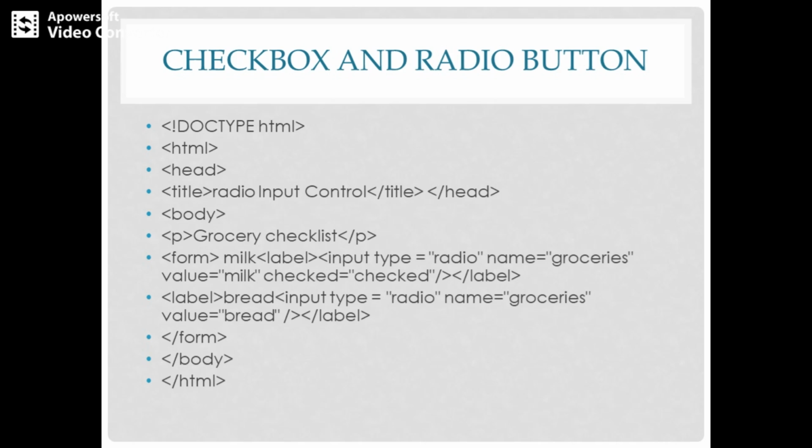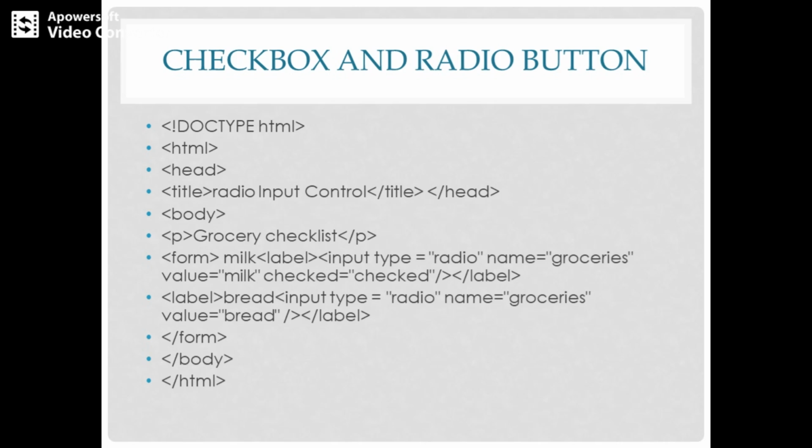This is the sample code. For example, here the value milk has the checkbox ticked, right? If the user does not turn on any of the checkbox buttons, milk will be the value for groceries. So for groceries, the milk value is sent in the form data.